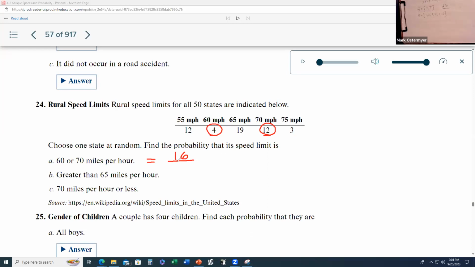So your probability of selecting a state randomly, assuming all states are randomized, and that state having a speed limit of 60 or 70 miles per hour is 16 over 50, which reduces down by 2 to 8/25.